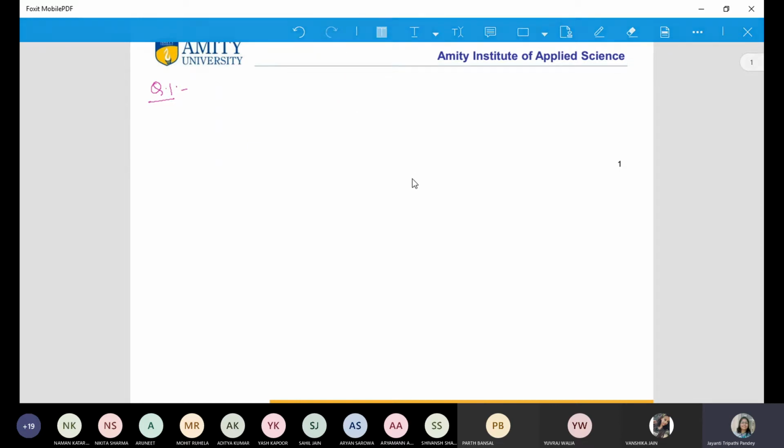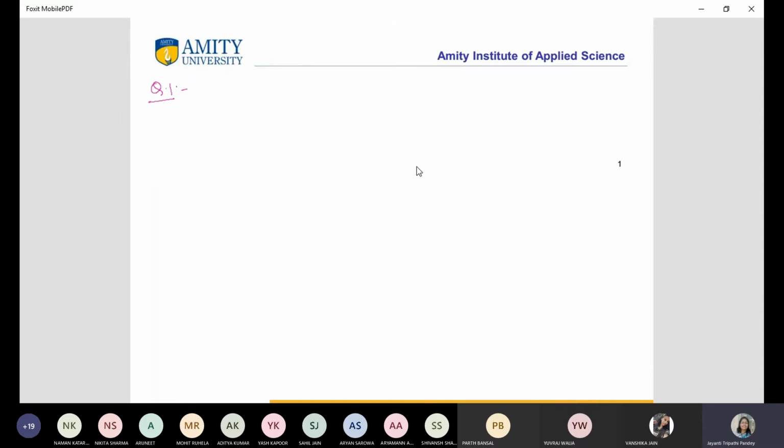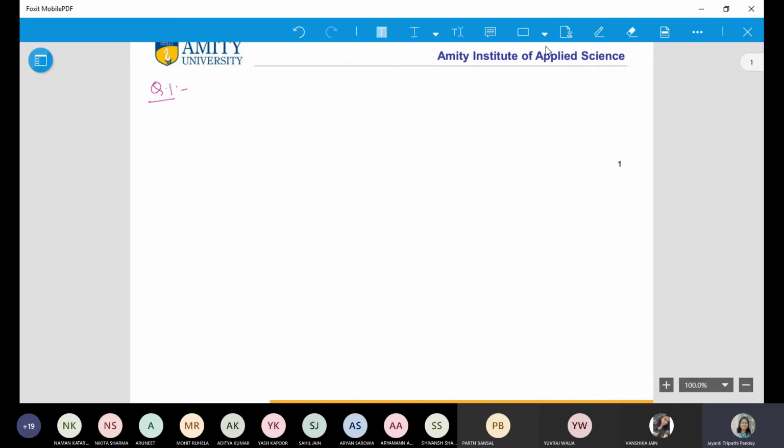If u is equal to sine inverse of something upon x plus y, then show that x del u by del x plus y del u by del y is equal to tan u.